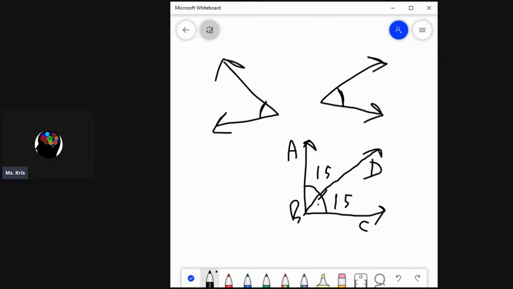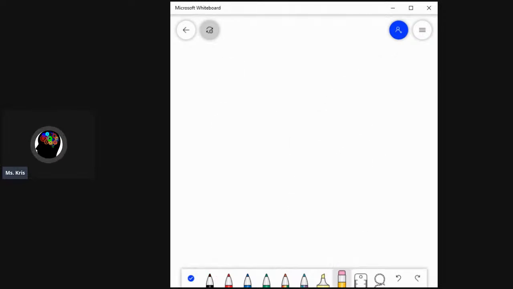Now, another definition we will be working with is complementary angles. Complementary angles simply means these angles together add up to 90 degrees.